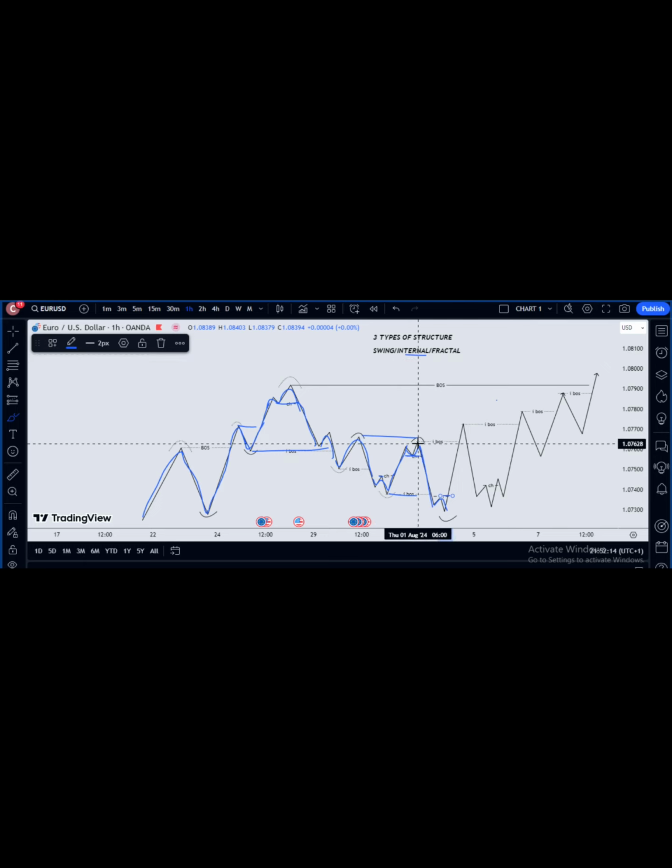While the I-BOS, the internal break of structure, signifies a swing reversal or continuation. Like here we had the I-BOS.